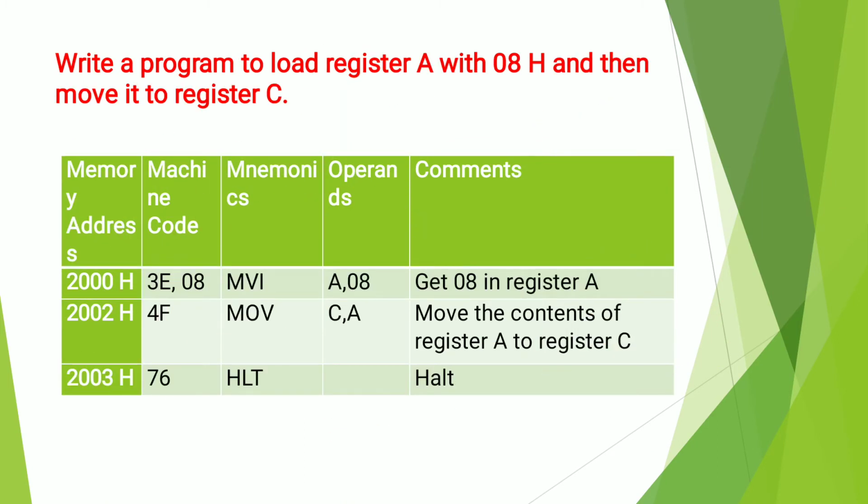Now write a program to load register A with 08 and then move it to register C. Means 08 is moved to the register A and now move it to register C. Starting from the memory address 2000.